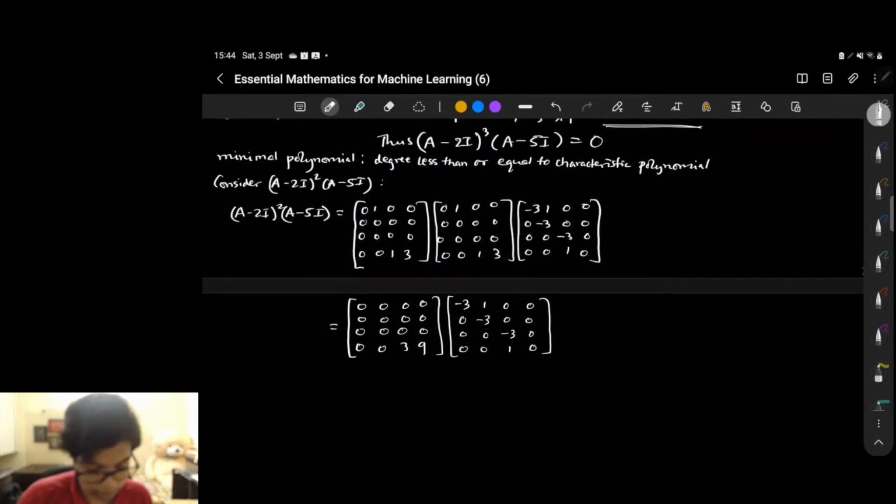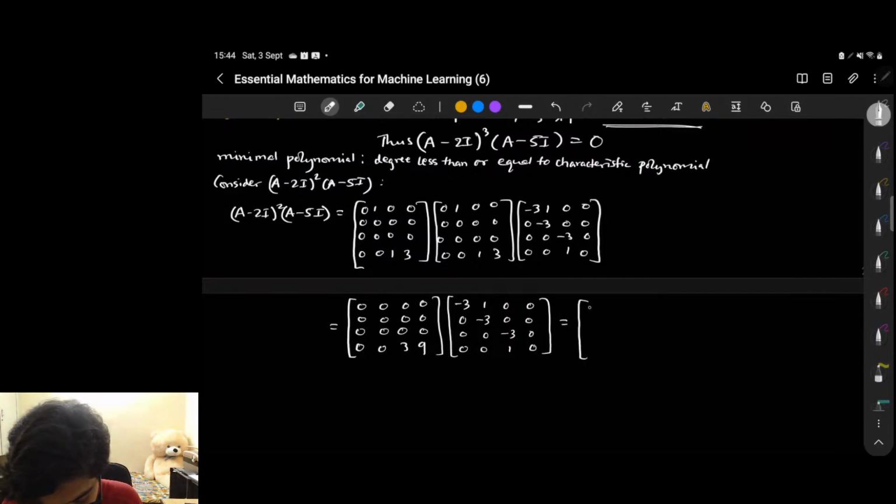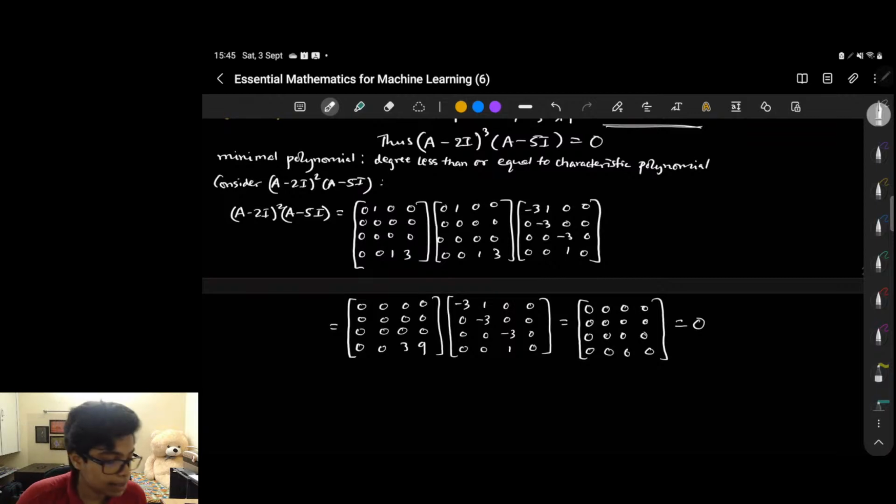So this is this, and then let us multiply this. So what we get is 0, 0, 0. Then the second row is completely 0, so it will be 0. And then the fourth row, this column is 0. So the fourth row, this first element 0, 0, 0, and again 0. So yeah, this is nothing but the 0 matrix.